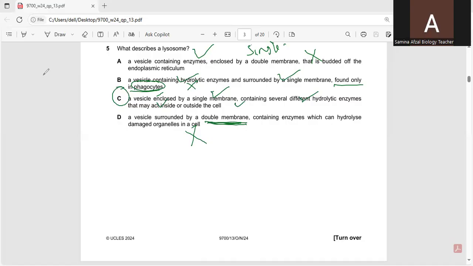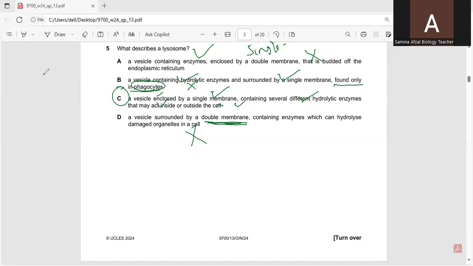That is a vesicle enclosed by a single membrane. A single membrane is there because the double membranes are present in the nucleus, in the mitochondria, in the chloroplast, but not in this vesicle, which is called the lysosome.